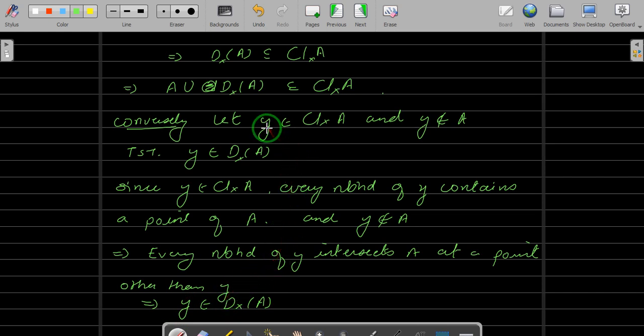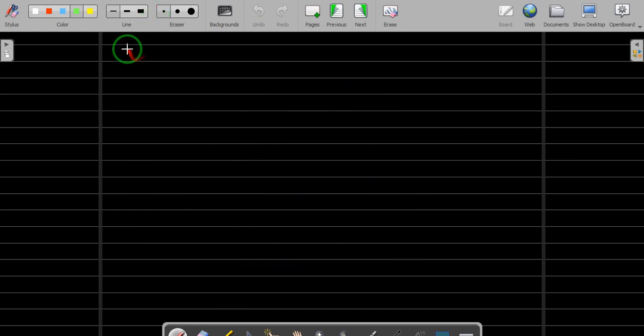So we have taken this y belongs to closure of A, and we proved that this y belongs to derived set of A, and this implies this y belongs to A union derived set of A in X. We have taken a point in closure of A, so closure of A is a subset of A union derived set of A. Whatever equation numbers we have given, we have proved that both are subsets.